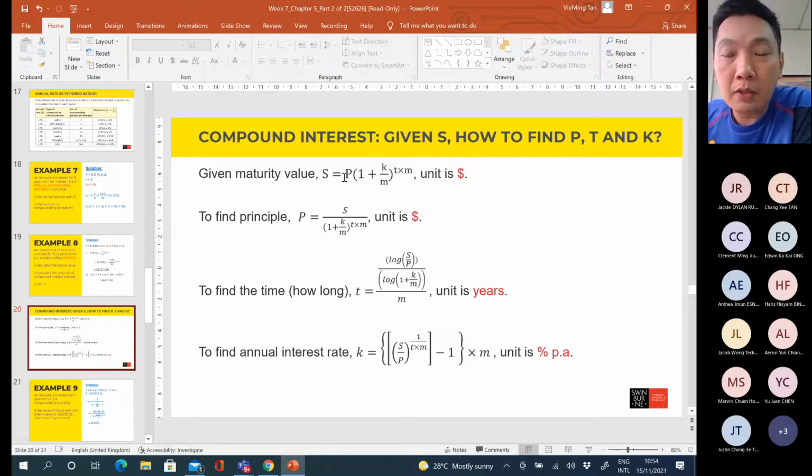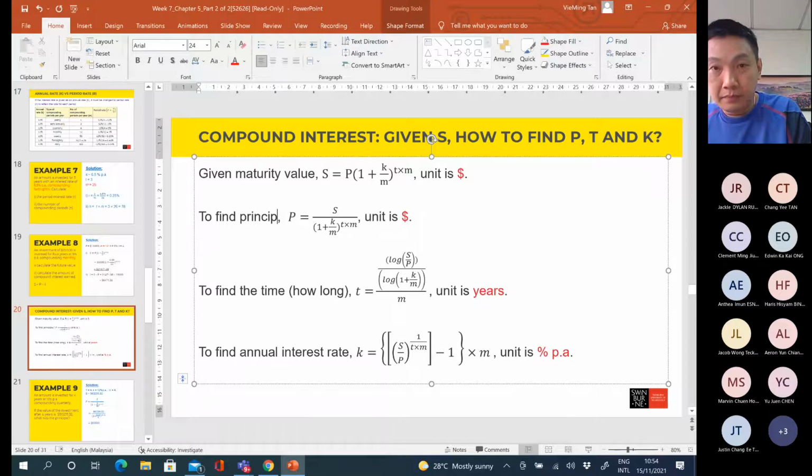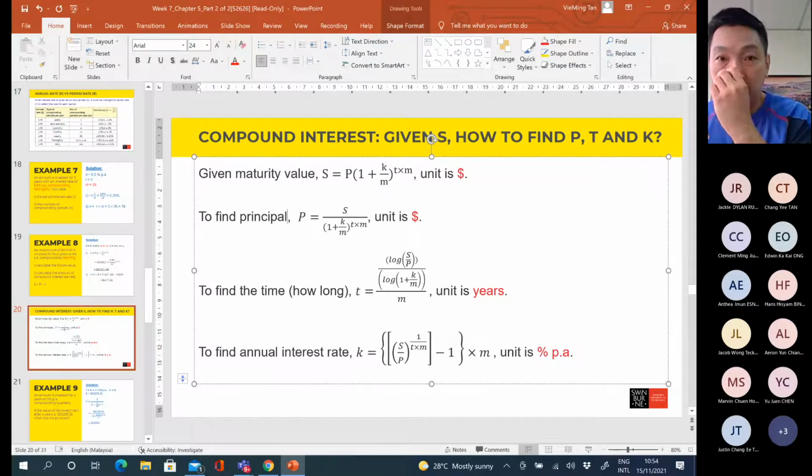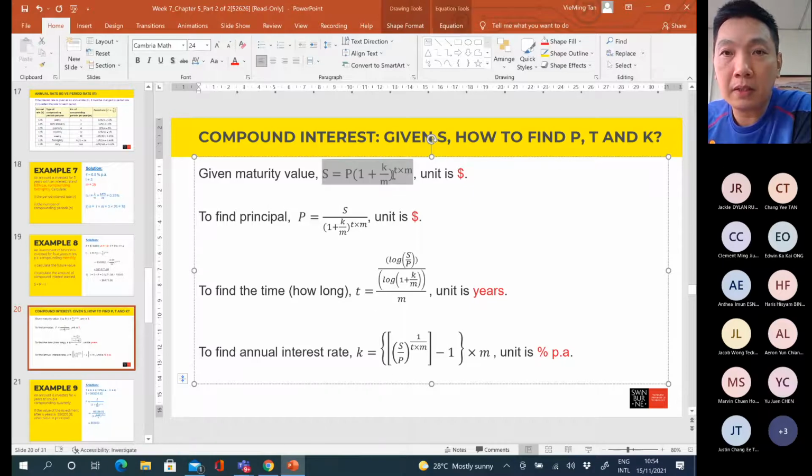So what you can do is just transpose the formula so that this whole thing here is brought to the left hand side and becomes divide. So this formula will be given in the exam, and also the online test too. Actually, this formula is derived from here, from this formula, by putting P as the subject.